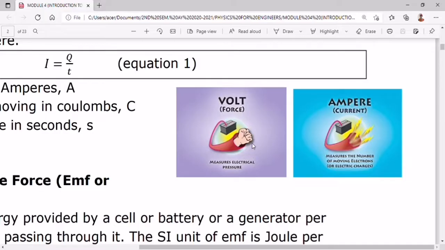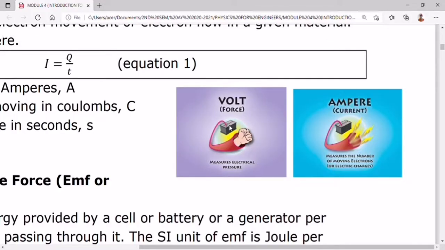We have a wire and a power source or power supply. For every conductor we have free electrons.